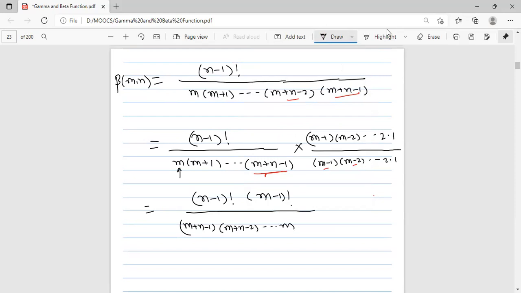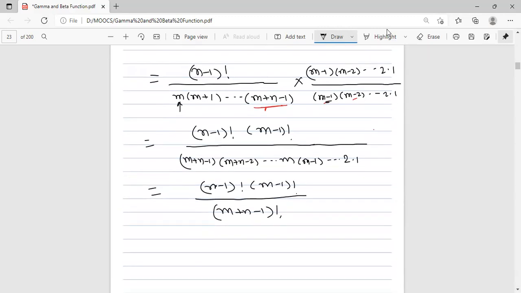Then m minus 1, m minus 2, up to 2. That means this total denominator is nothing but m plus n minus 1 factorial, and the numerator is n minus 1 factorial. Okay, m plus n minus 1 factorial.